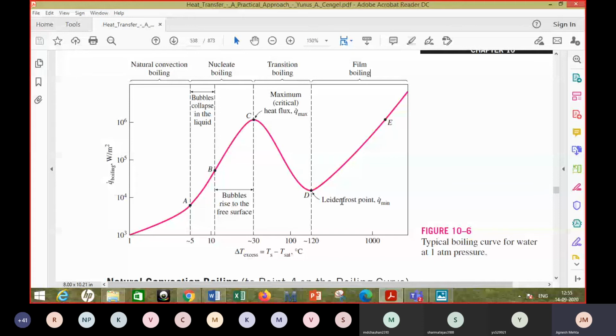And regarding this Leidenfrost point, it was based on the phenomenon that was observed by Leidenfrost, and you can actually see this phenomenon if you see dosa making on the hot tawa, right? Once they take out one dosa and prepare the surface for the next dosa, they sprinkle water on that hot surface.